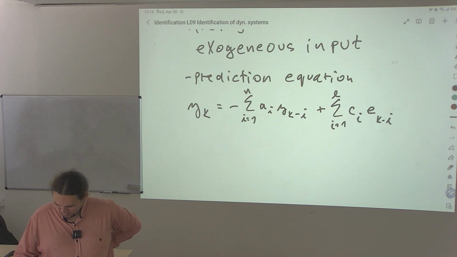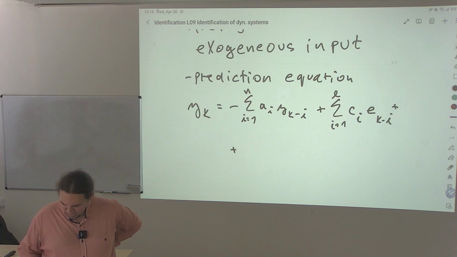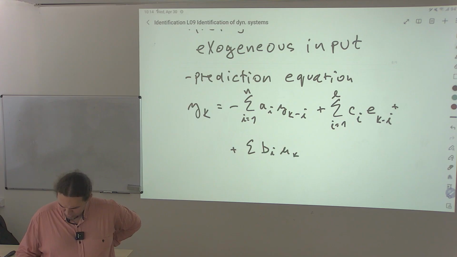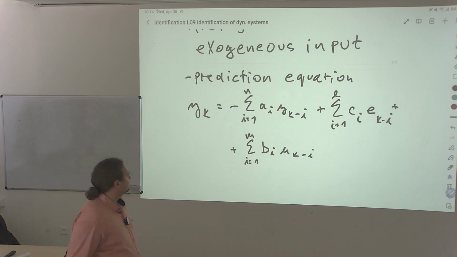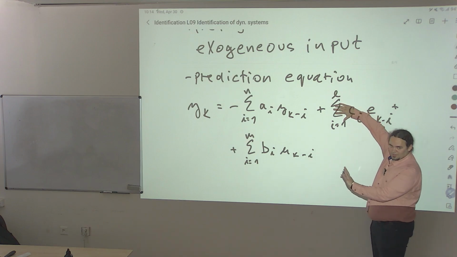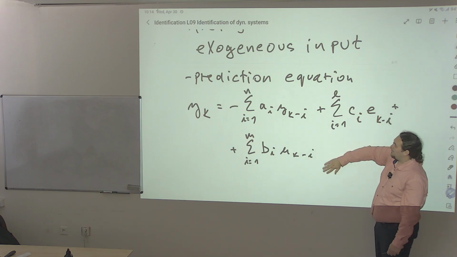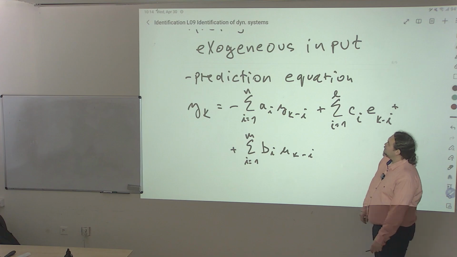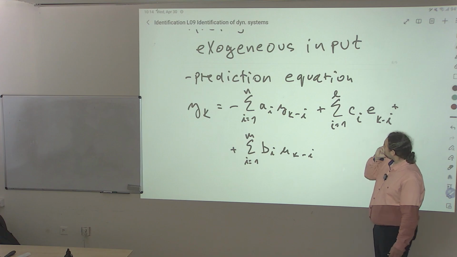I will tell you in a second what this e means, and we will keep our exogenous input, u_{k-i}, for i going from 1 to m. So if I just cover this part, this will be our good old ARX model transfer function.